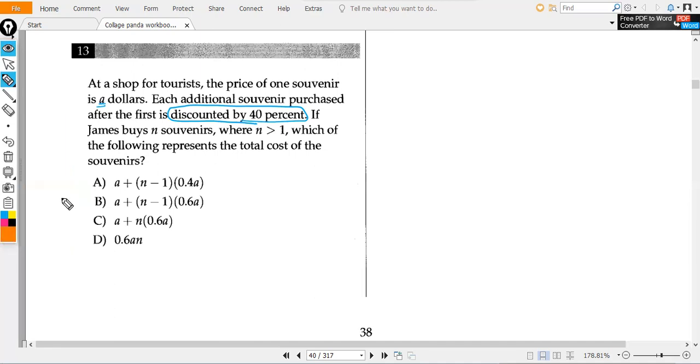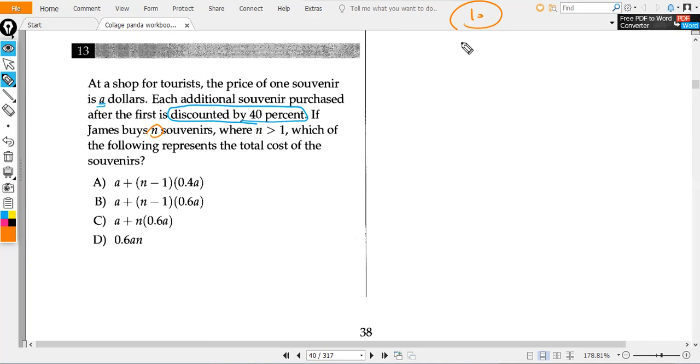Again, I'll replace the variable with numbers. If the number of souvenirs was 10, I'll ask you a question. If we have 10 souvenirs, will all of them be discounted by 40%?